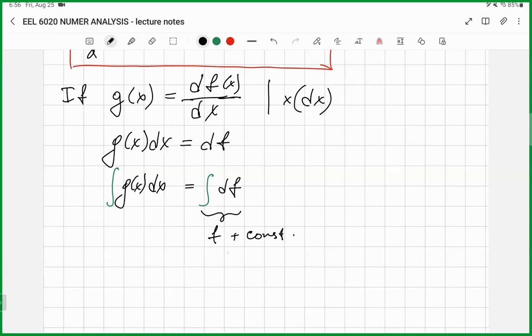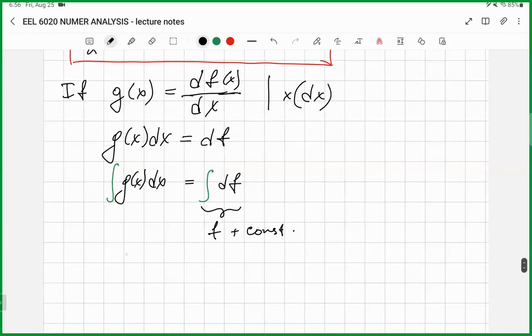If you take the differential of f plus a constant, the constant goes away because the differential of a constant is 0. So the result is that the integral of g(x) dx gives you f plus some integration constant c.